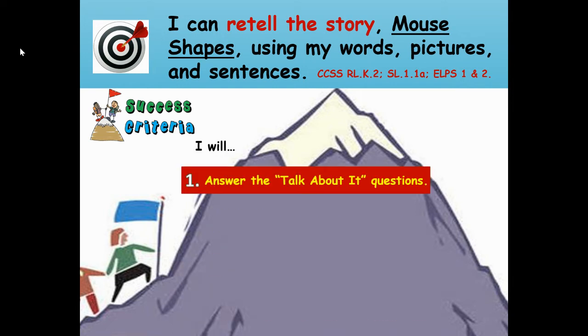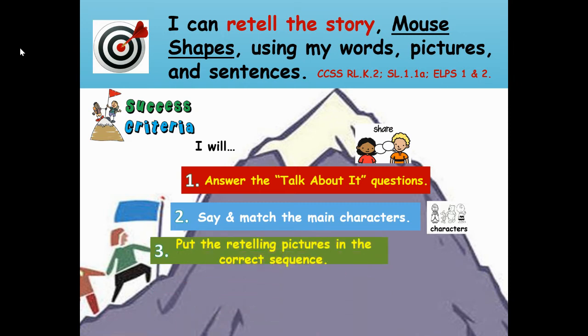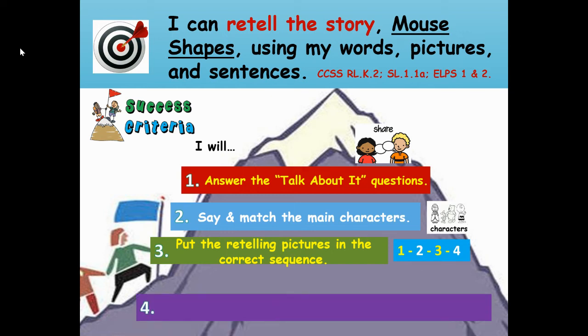Number 1, I will answer the talk about it questions. Number 2, I will say and match the main characters in the story. Number 3, I will put the retelling pictures in the correct sequence or order.